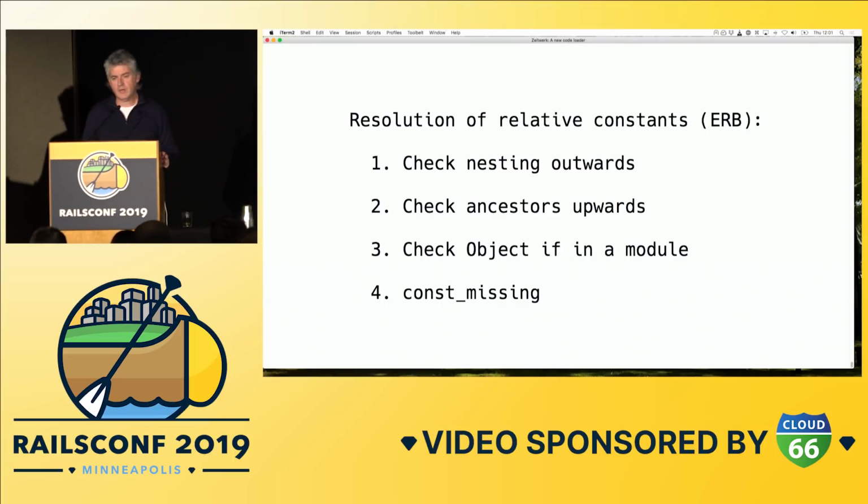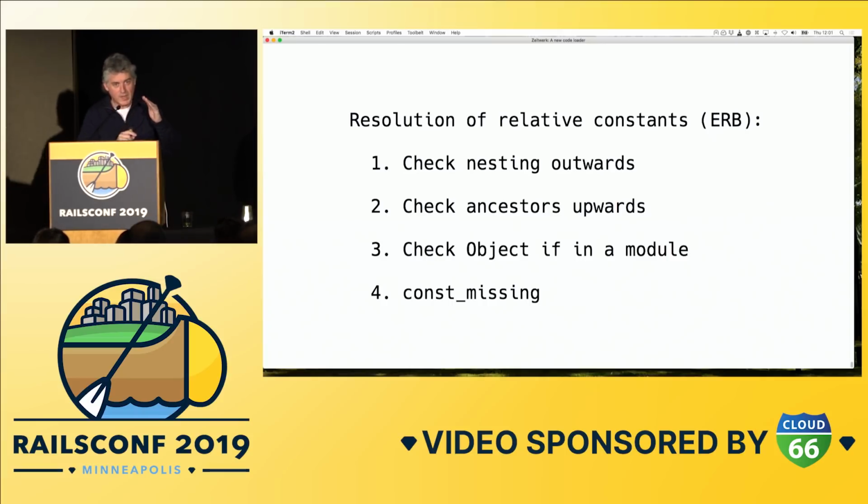All right, so very quickly, just to have an idea, how do we resolve relative constants? When you see the constant, you are in a certain place in the listing. Then the algorithm goes first outwards, following the nesting from inside to outside.